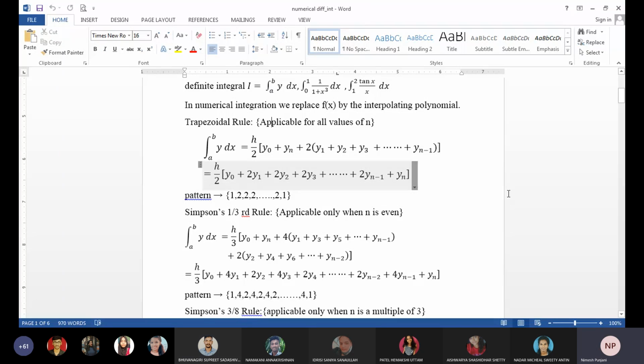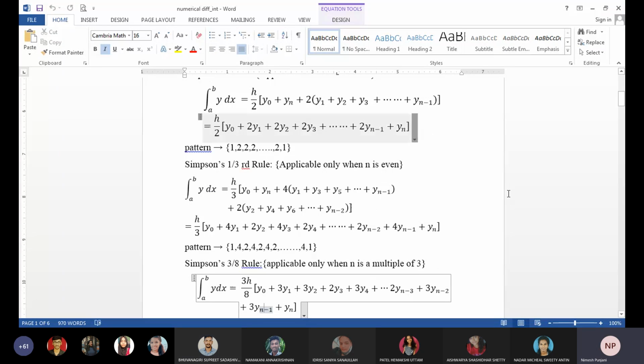Then Simpson's 3 by 8. Simpson's 3 by 8 is 3h by 8. The formula is given by y0 plus 3y1 plus 3y2 plus 2y3 plus 3y4 and so on.